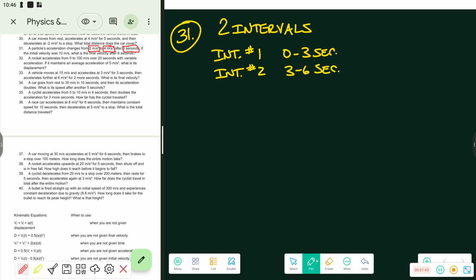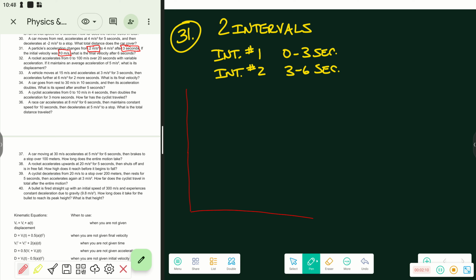The initial velocity is 10 meters per second. Okay? So let me do this. 2 meters per second. That's going to be 3 seconds. And 10 meters per second. All right? So that tells you those are going to be the ones that you need to use on that.